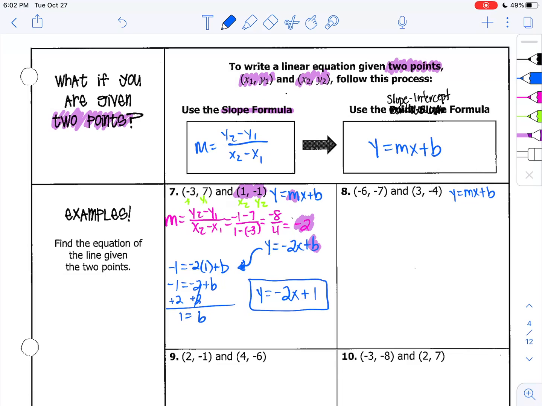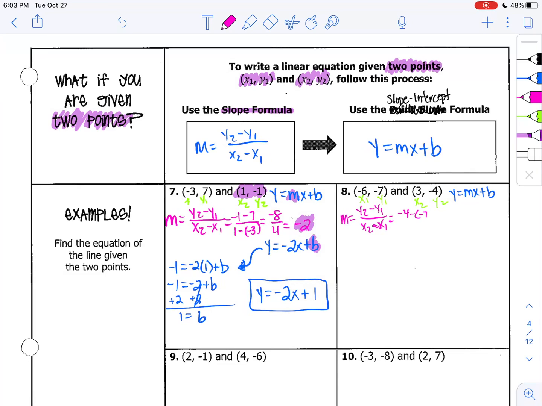But I'm not given either one of these pieces of information. So I'm going to start by finding my slope. Using the slope formula, m equals y2 minus y1 over x2 minus x1. Labeling my points, x1, y1, x2, y2.